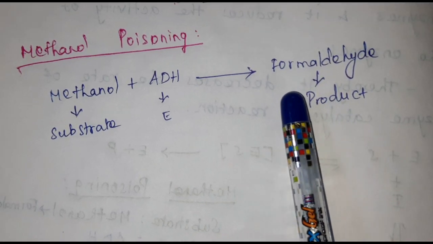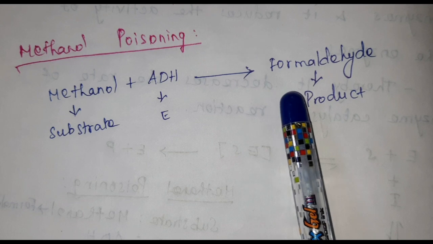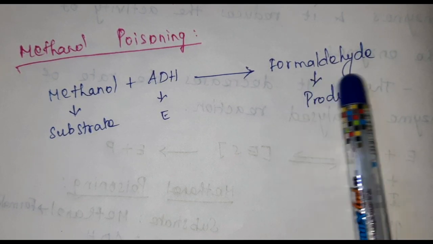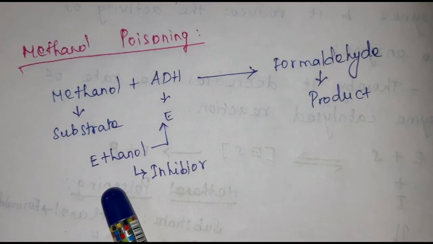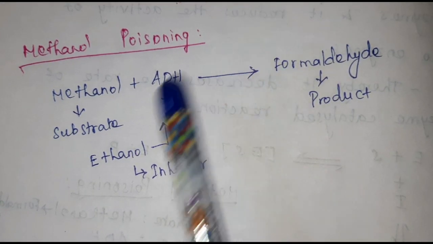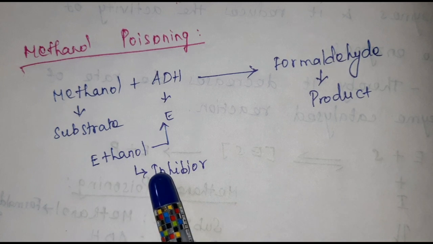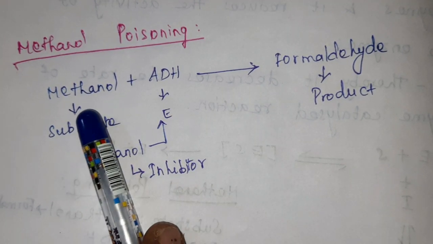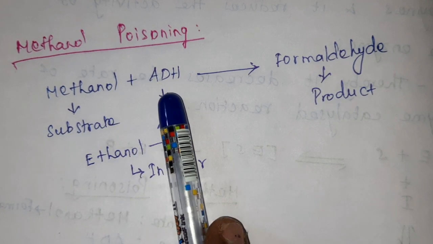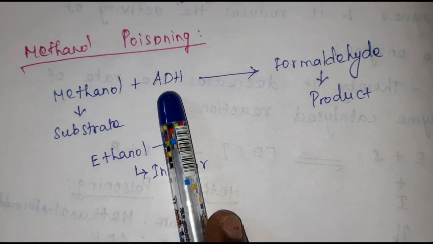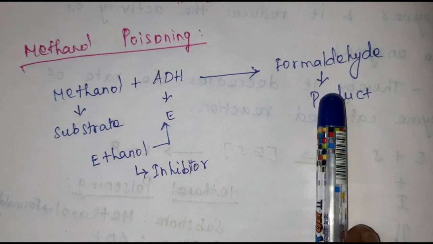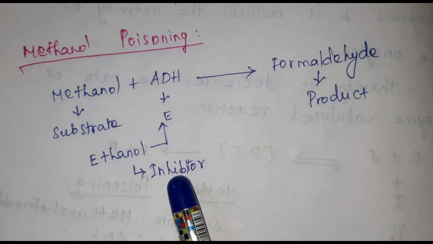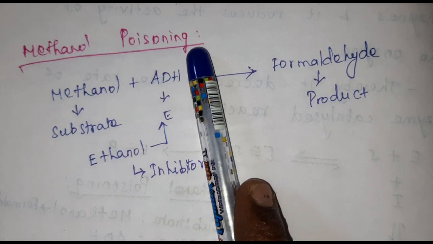To treat this methanol poisoning, we have to stop the formation of the toxic product formaldehyde. So in the treatment of methanol poisoning, we use ethanol as an inhibitor. This inhibitor ethanol competes with methanol and binds with the enzyme alcohol dehydrogenase and prevents the formation of the product formaldehyde. So ethanol can be used in the treatment of methanol poisoning.